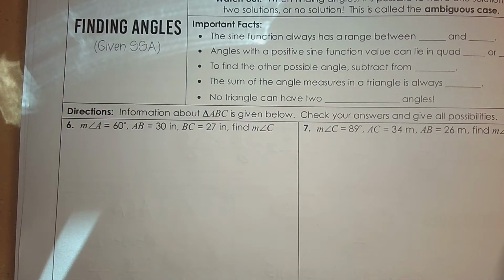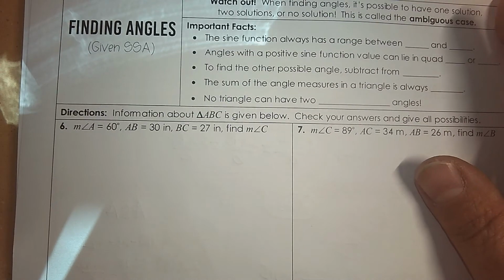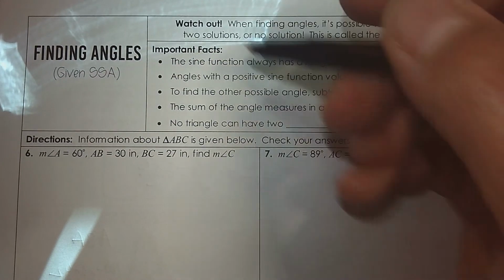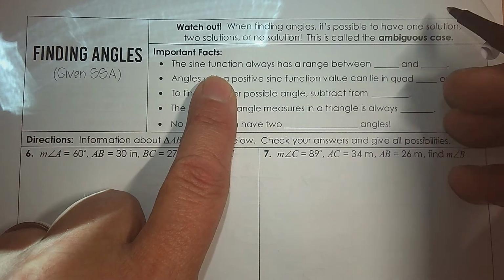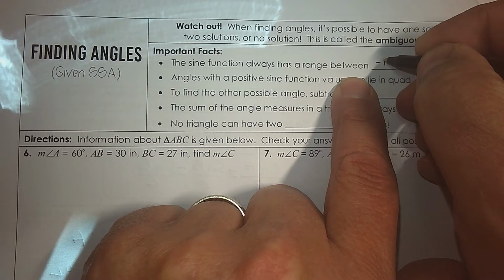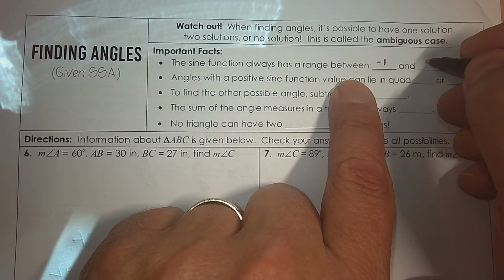So we need to know some basic things about triangles first, and about trigonometry. We're going to learn more about these facts, about sine and its function, and what its range is, but I'm going to just tell you right now that the range for sine is between -1 and 1.